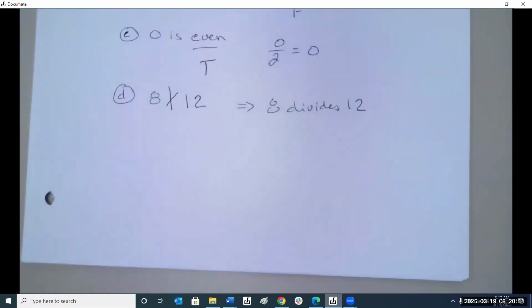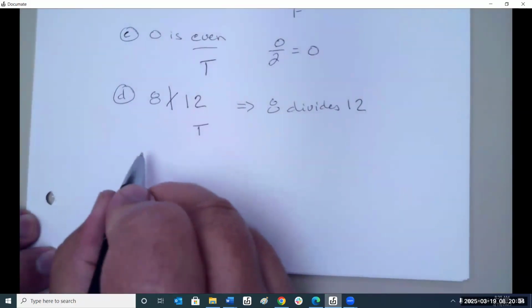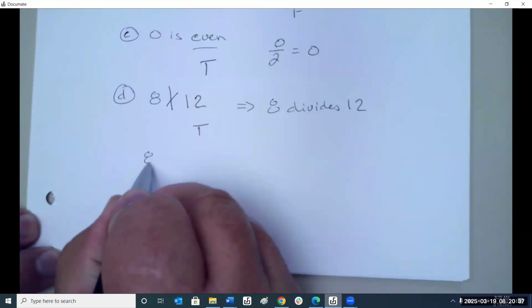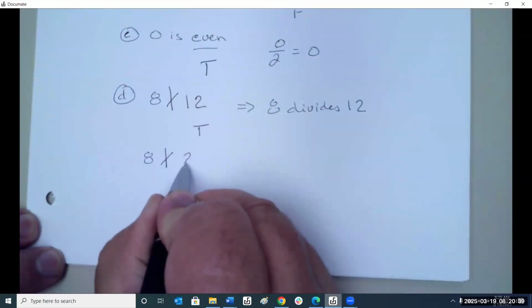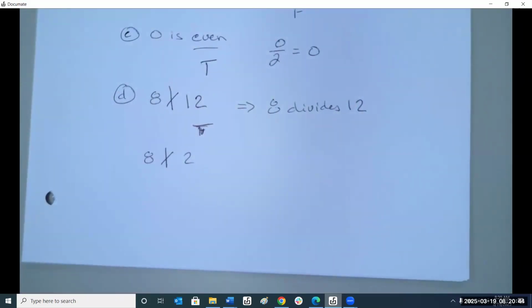Does 8 divide 12? No, this is true because it doesn't divide it.